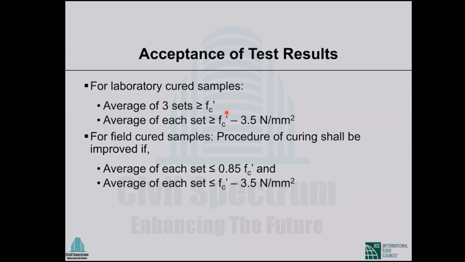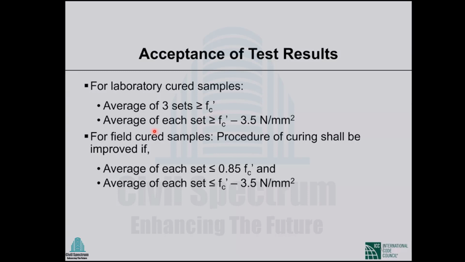That will be cured in a tub in the laboratory, completely immersed, so fully cured. If the samples are cured in the lab, then the average of 3 sets must be greater than the f'c.